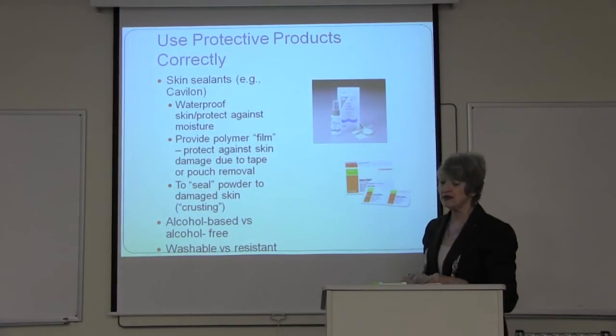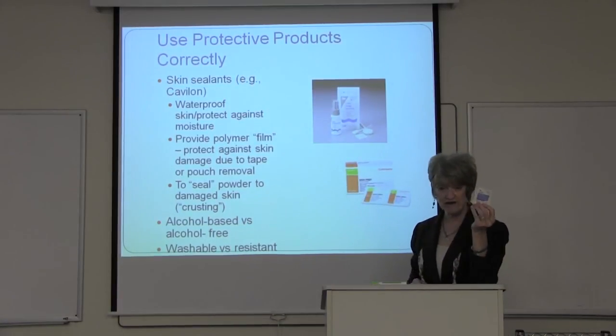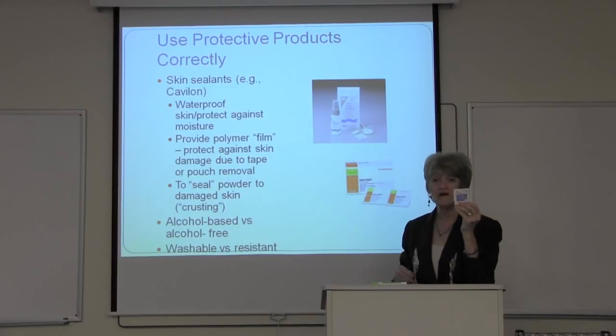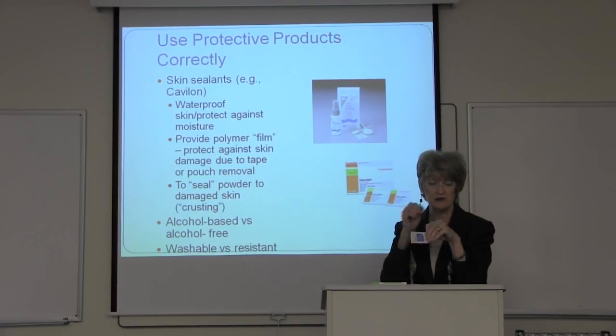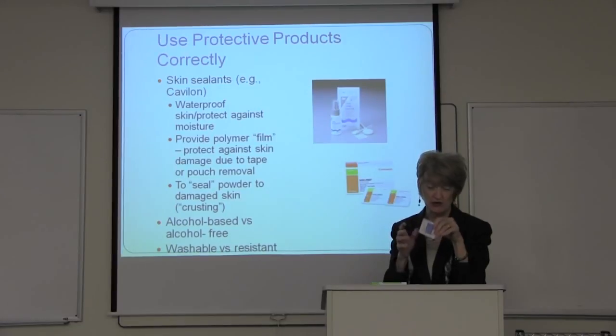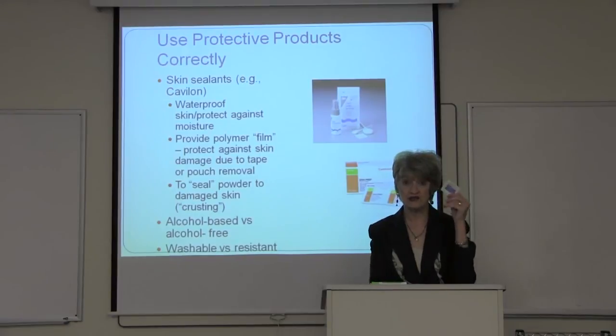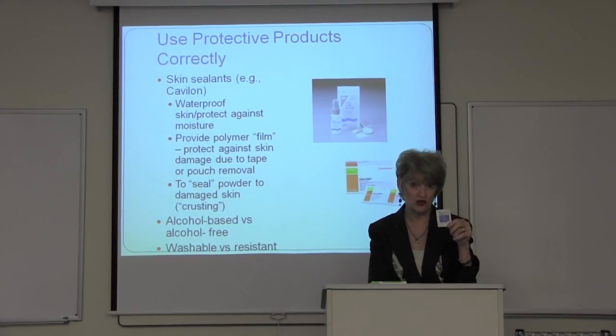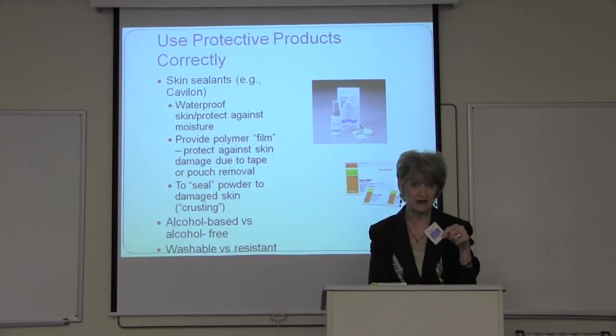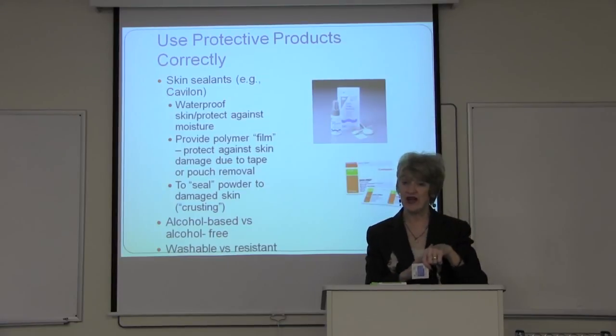Okay, so skin sealants as a category are very effective at waterproofing, and very effective at providing protection against tape trauma, tape damage when you remove the tape, when you remove the pouch. We also use our sealants for a procedure called crusting, which we use to treat damaged peristomal skin. I'm actually going to come back to that, but I'll describe briefly what that is.